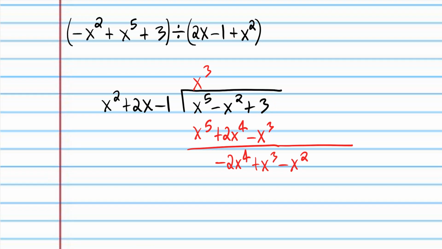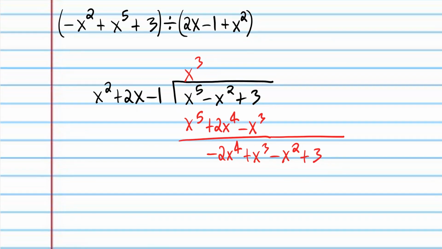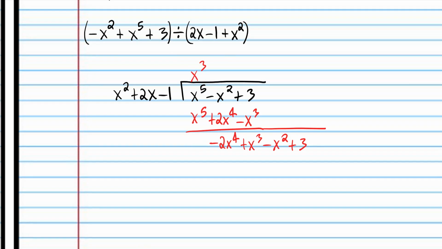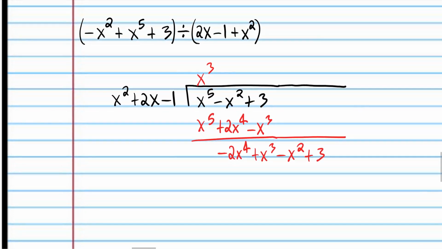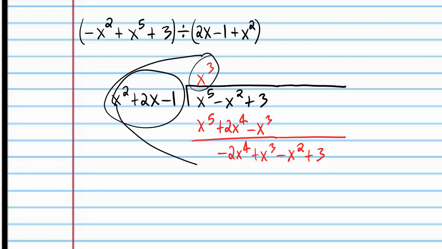We're going to subtract nothing from 3, so we have 3. Okay. Now, you can line these up differently if you want, but you don't really have to. So now we're going to start the whole cycle over again. So again, there's 3 steps to every cycle. Figure out what this number is going to be, multiply by the divisor, and then subtract.